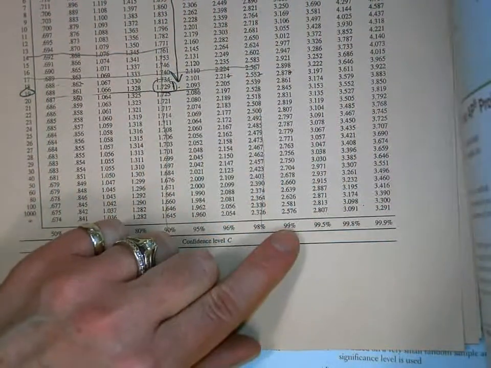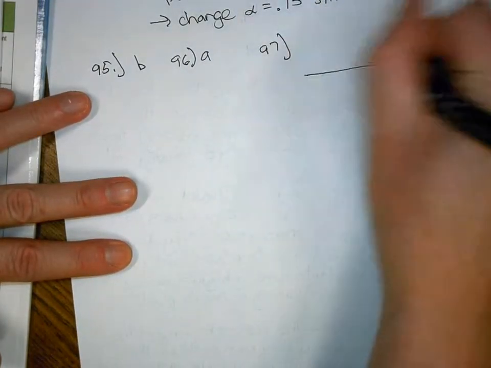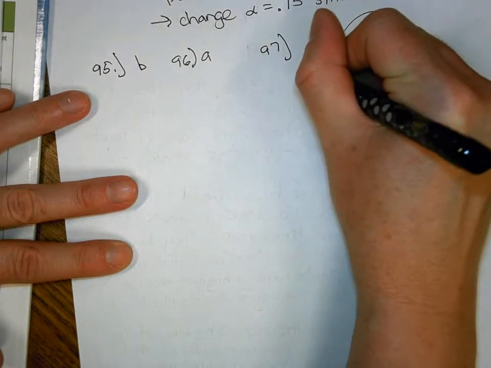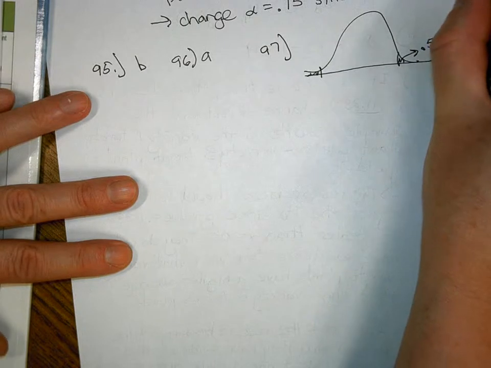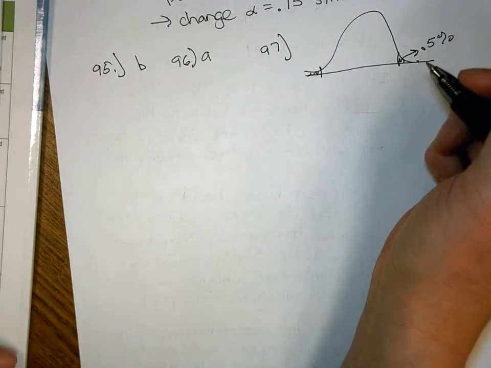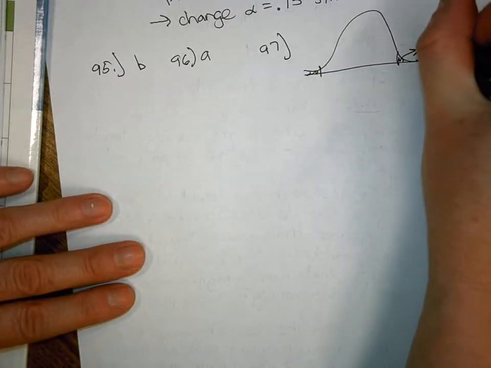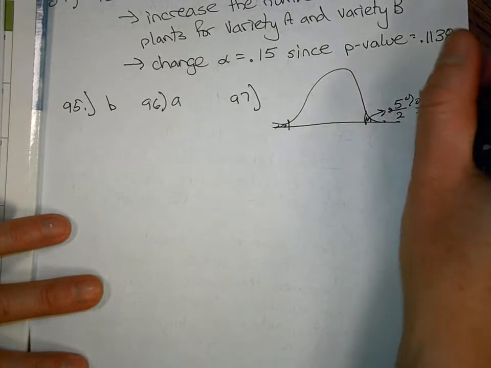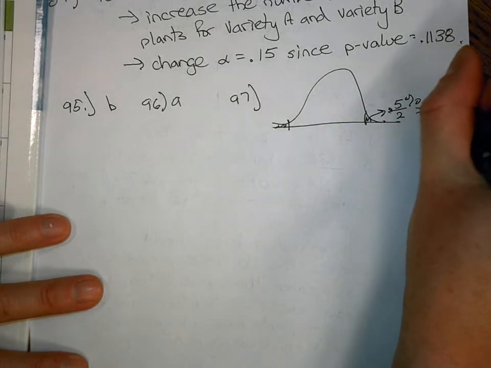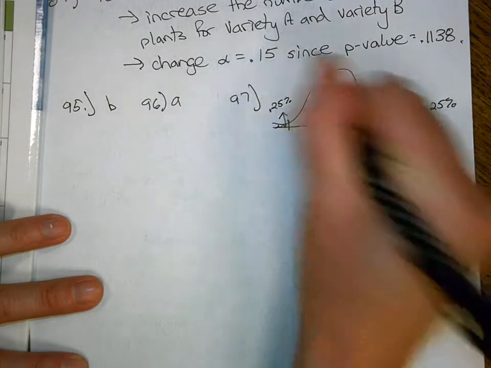Actually, it's half of 0.5%, isn't it? So what's that? 0.25%? No, if it's two-sided, it should be 0.001.